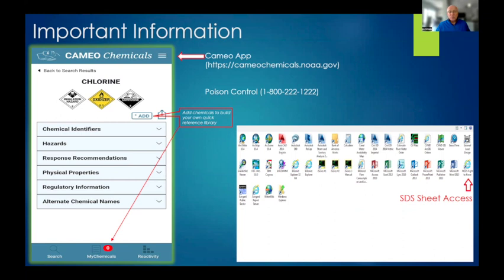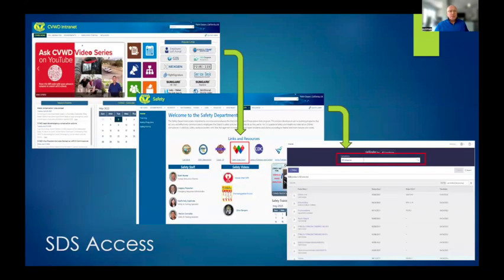You also have poison control available to you. I've included the phone number there. You can also access the SDS sheets if you go to user programs and you look for the SDS Right to Know app. It's available there. There's also another location where you can go to, and that's on the portal, the intranet.